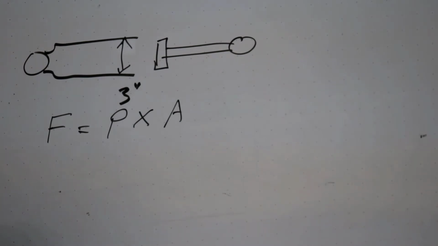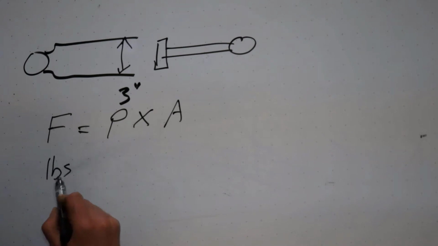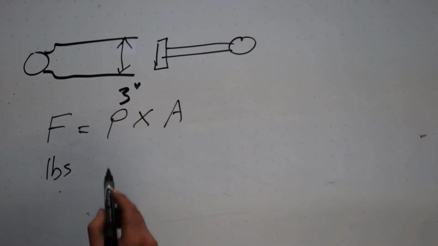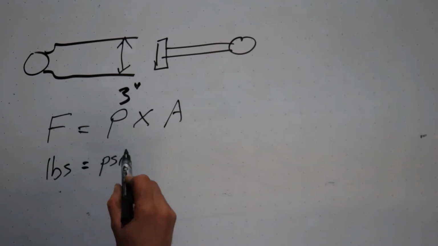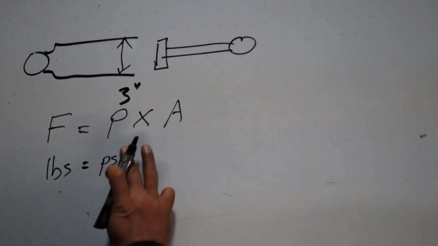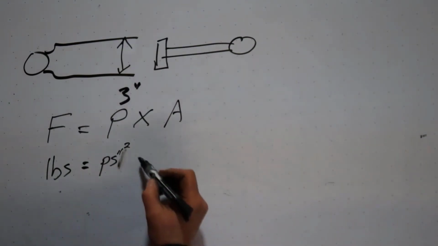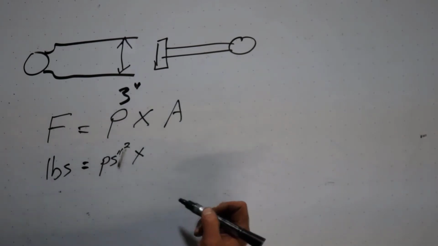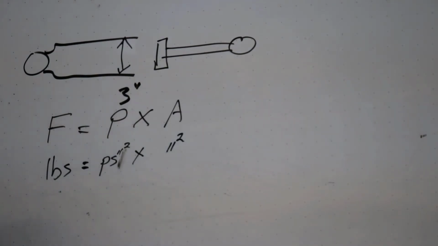Easy enough. Now the force is in pounds. Pressure, if we're talking imperial, is in psi, or pounds per square inch, times the area, which is in inches squared.